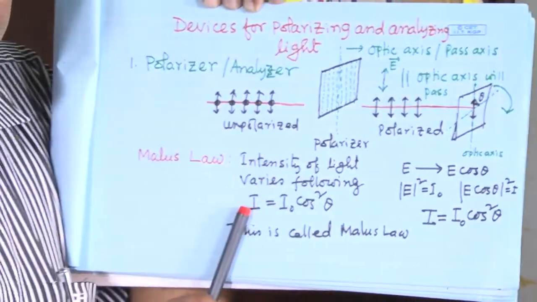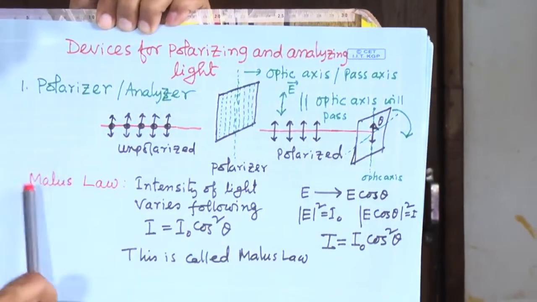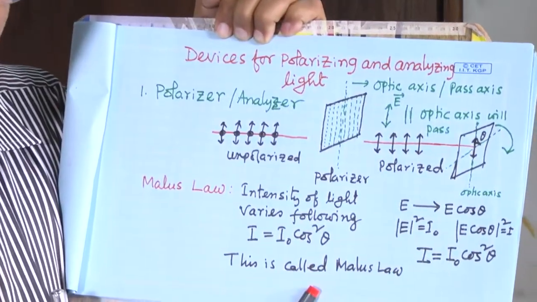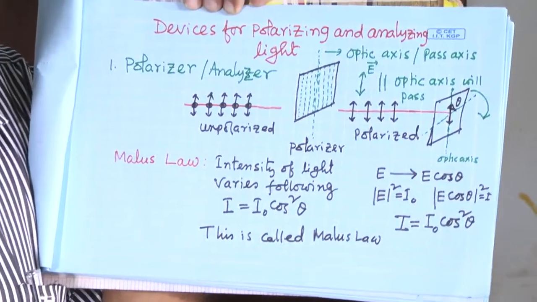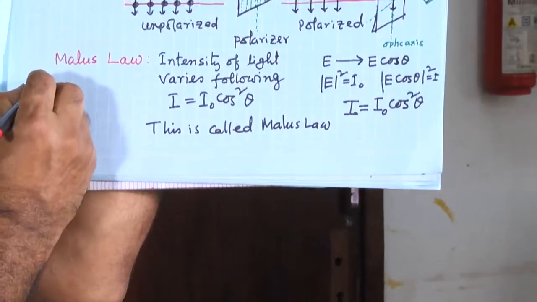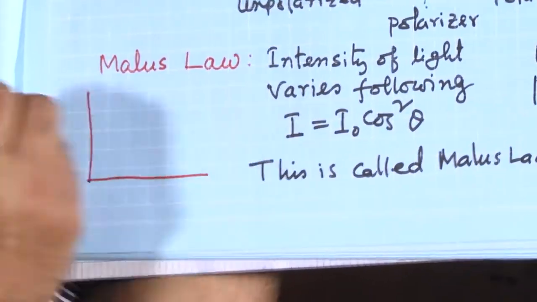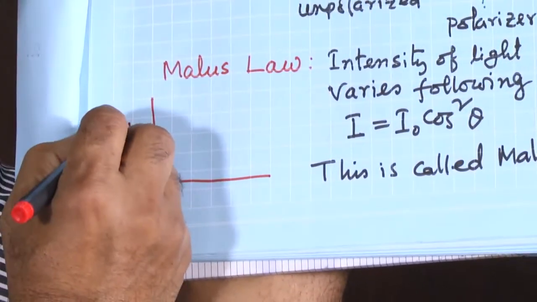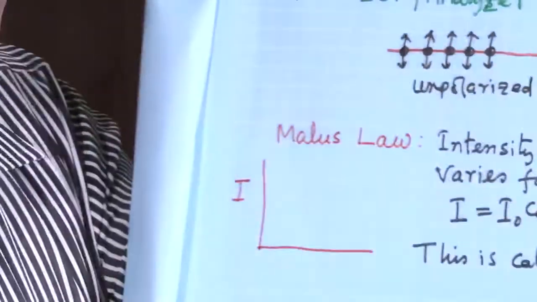Now we will demonstrate this experiment, the verification of Malus law, whether Malus law is followed or not. What will we do? We will measure the intensity I of light from this arrangement.